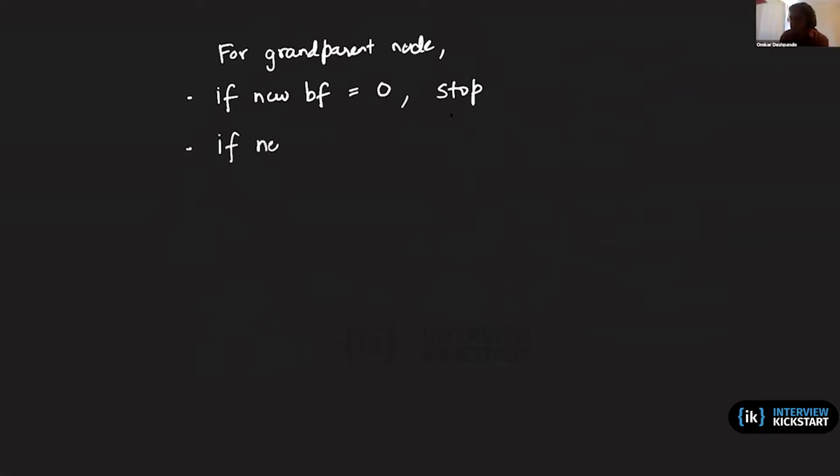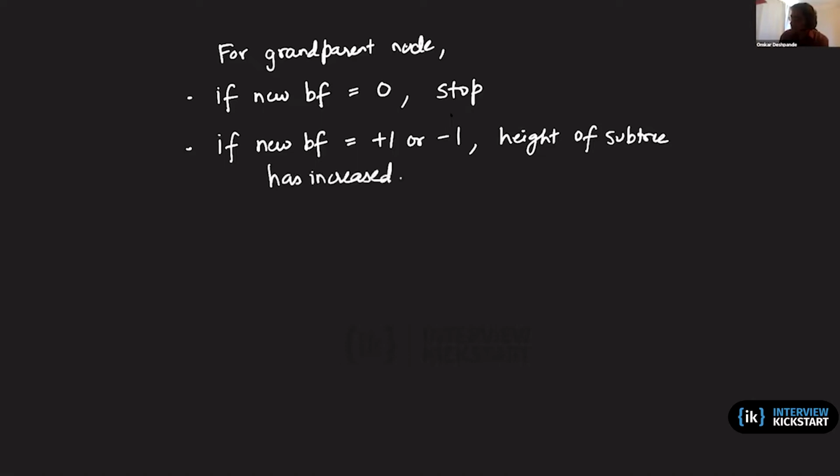If the new balance factor is +1 or -1, it means the height of the subtree has increased. Look for repercussions further up.